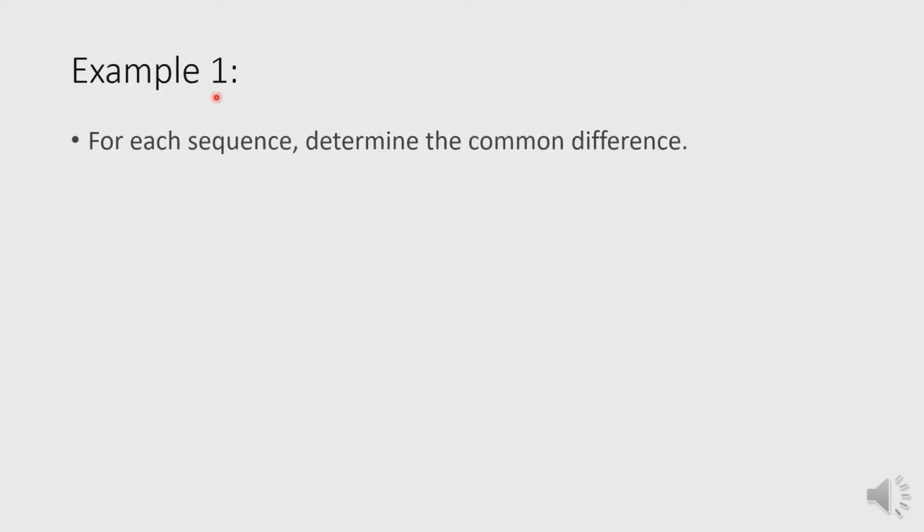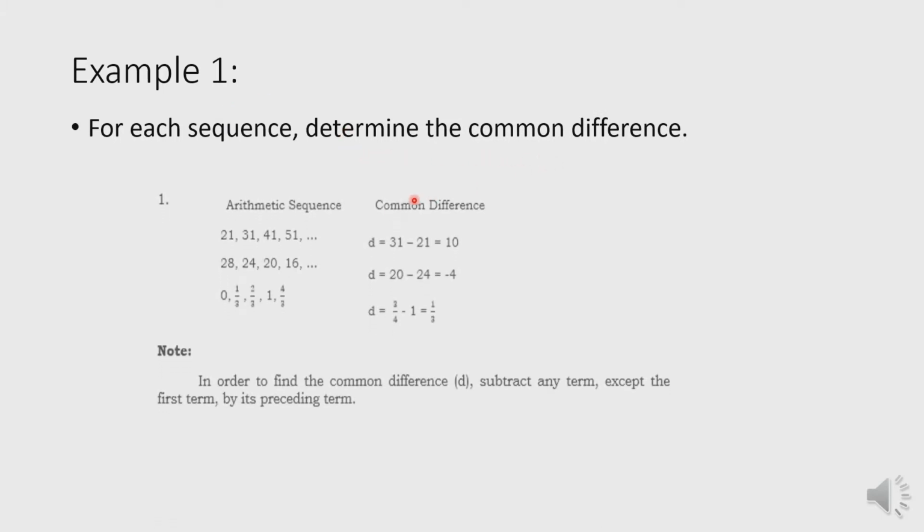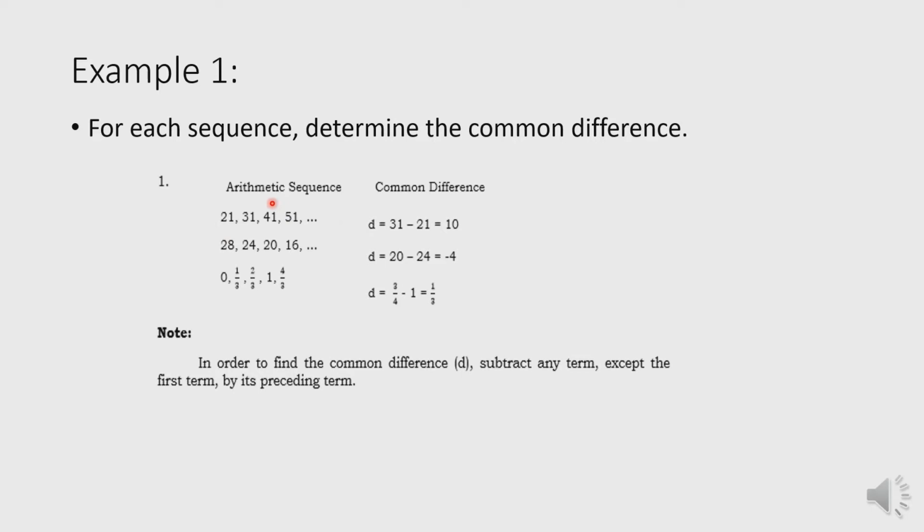Okay, let's start with example 1. For each sequence, determine the common difference. So we have here an example of a sequence. Then we will try to get the common difference between two terms, like 21, 31, 41, 51.